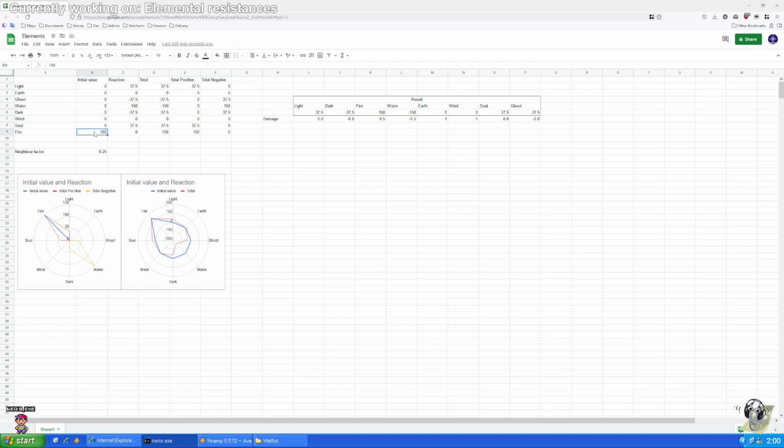So for fire, 150 fire is double the amount. No. Oh crap.